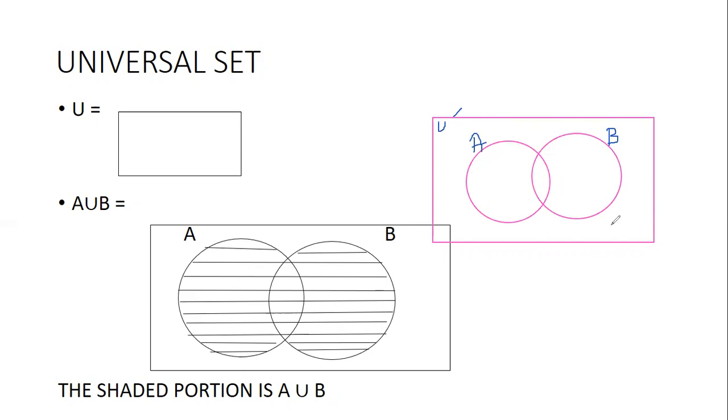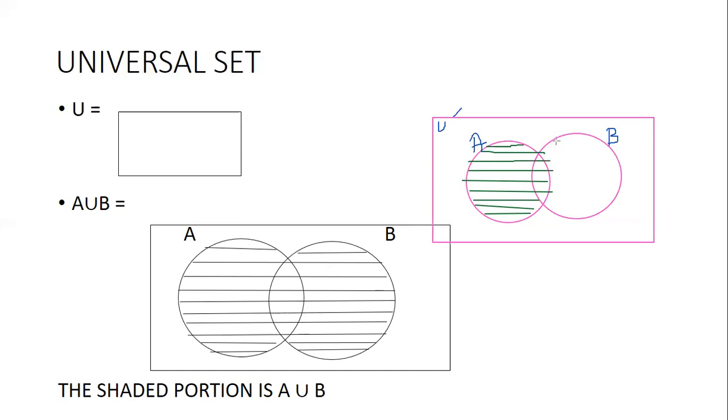Now what do we understand by A union B? In A union B, we first consider all the elements that are in A. Yes or no? We consider all the elements that are in A. A means this first circle.